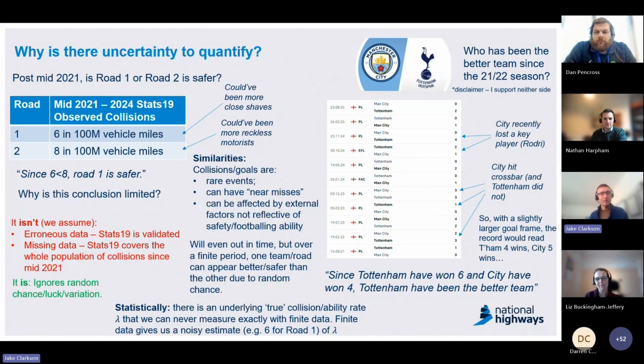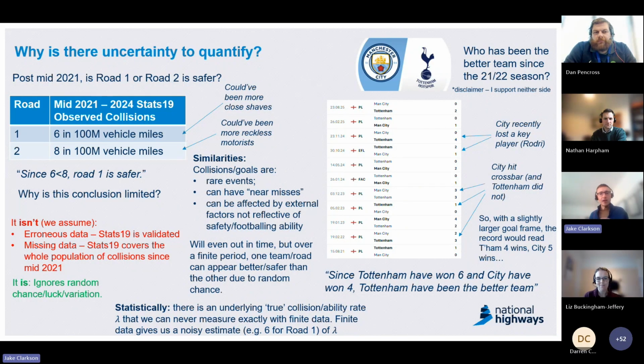So with the goal frame just being slightly larger, the record would have read Tottenham 4 wins, City 5 wins, and we would have made a completely different conclusion. That just shows how these simple conclusions can be quite fragile in certain cases.